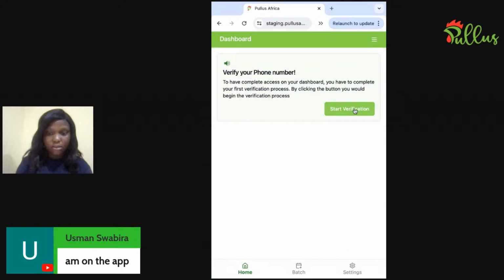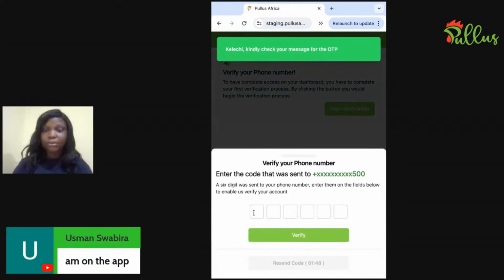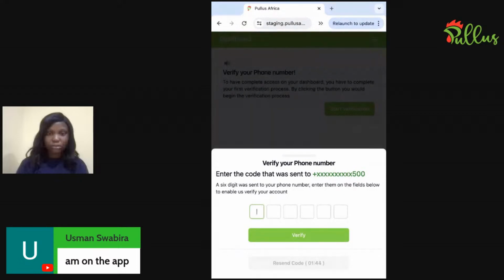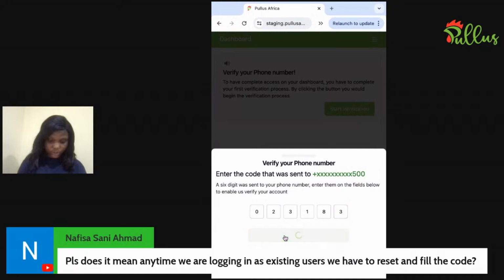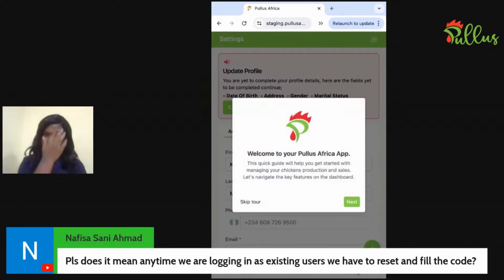Now, the next step as a new user is we need to verify. So, start verification. And then let's check for the code. Yes, we just got the code. Right, great. So, we have the code now, and we have verified our phone number.